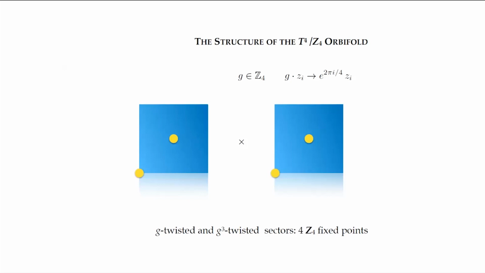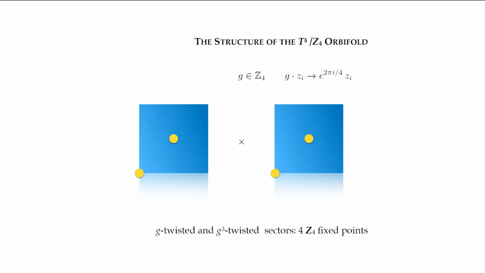So you have the standard Z4 orbifold, and I take, for instance, the case where the T4 factorizes as the product of two tori, and then the generator of Z4 simply acts as a pi over 2, 90 degrees rotation on the complex coordinate of each T2. Actually, one should rotate clockwise and the other anti-clockwise, but this is a choice, a definition.